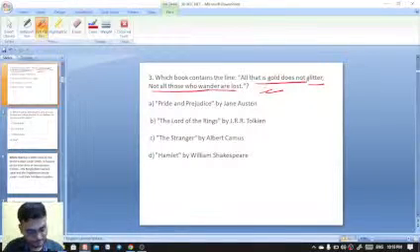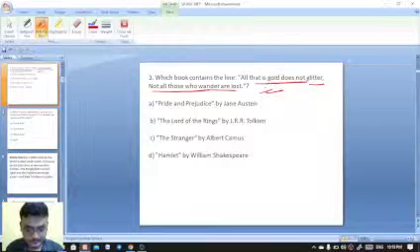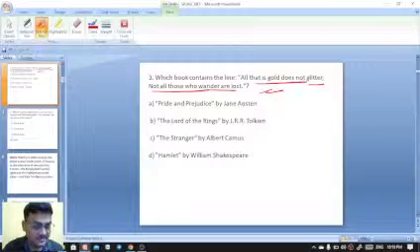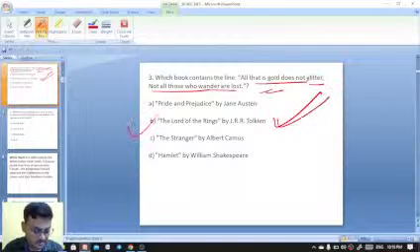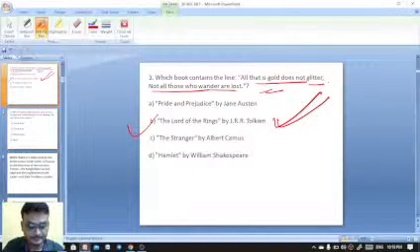Exactly. Fantastic. And yeah, these lines appear in The Lord of the Rings by J.R.R. Tolkien. Exactly. These lines appear in The Lord of the Rings by J.R.R. Tolkien. So here B is the right answer.